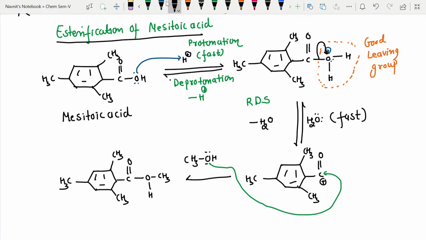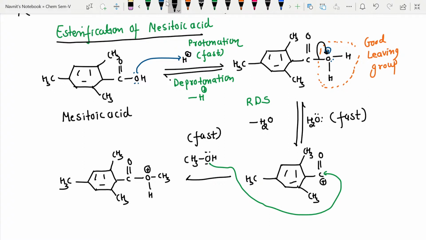In methanol, oxygen contains two lone pairs. One of the lone pairs attacks this carbon and gives this protonated ester. So the attack of methanol on this carbocation is a fast step, similar to here, where the attack of water on this carbocation is a fast step.